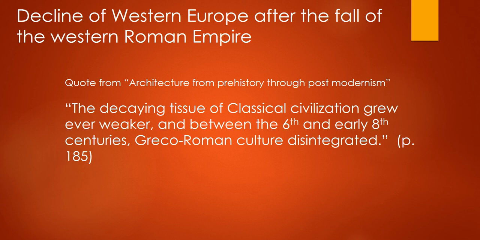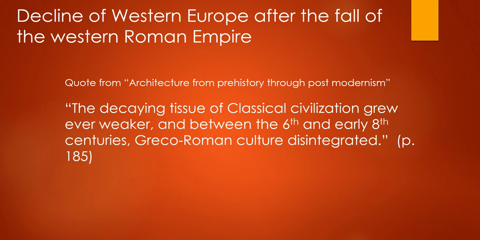This quote comes from one of the books that we reference. It says the decaying tissue of classical civilization grew ever weaker, and between the 6th and early 8th century, the Roman Greco culture, and remember, Rome looked to Greece for a lot of what they saw as the scholarly aspects of themselves, completely disintegrated.